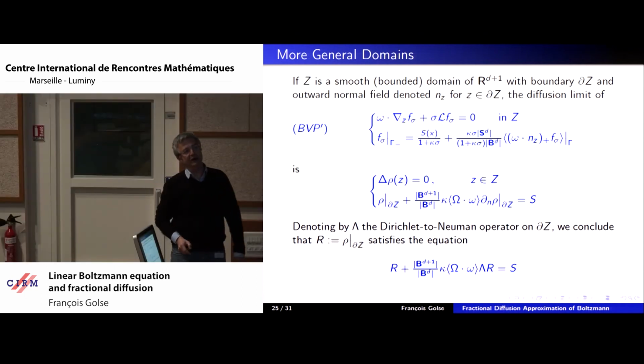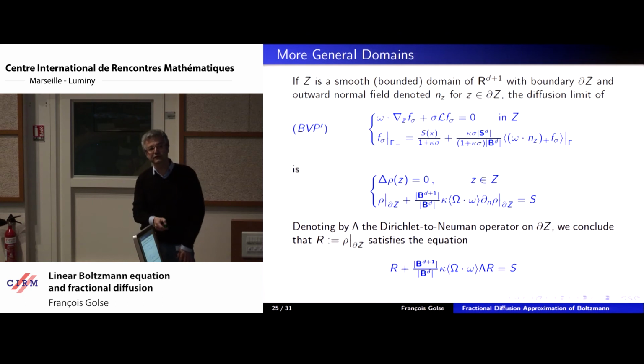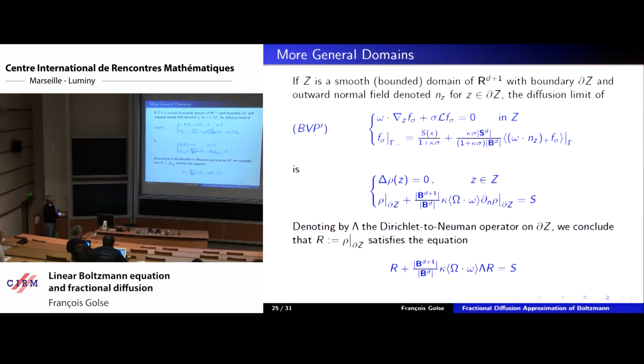Now, if you denote by lambda the Dirichlet to Neumann operator on the boundary of Z, you can replace this boundary condition by an equation for the trace, for the restriction of rho to the boundary, which is going to satisfy this equation here.